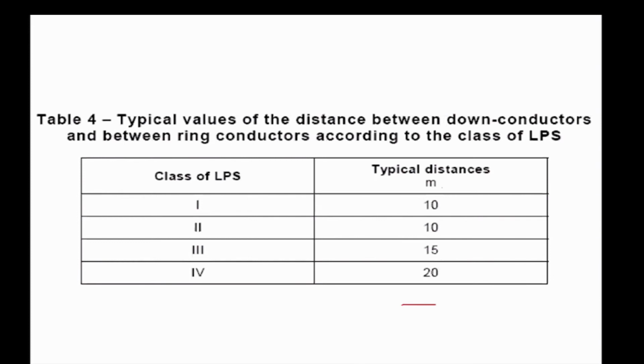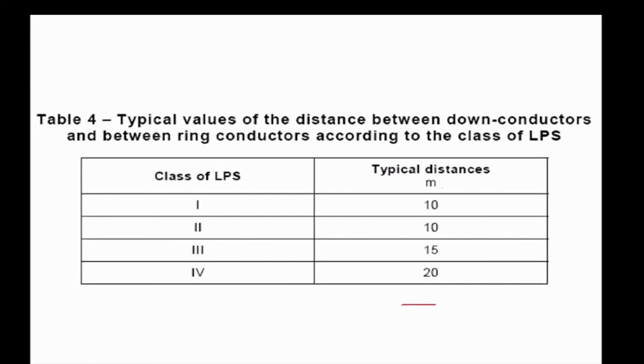This table will help you to find the minimum number of down conductors you need. So it is 100 divided by 20, which is 5 down conductors.